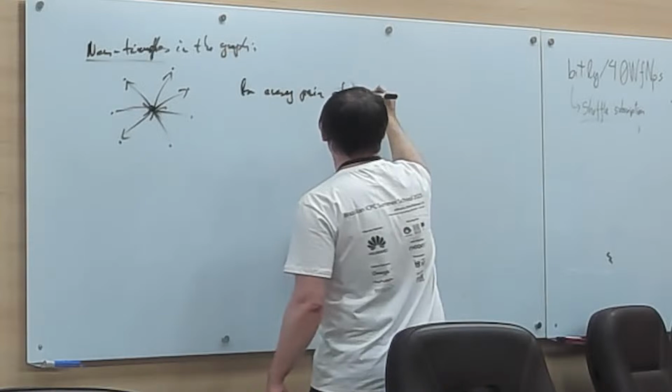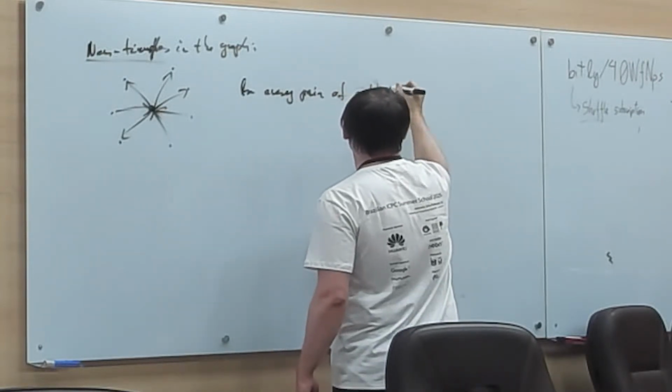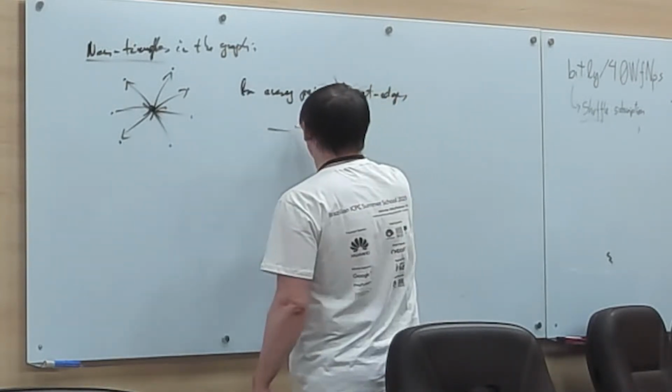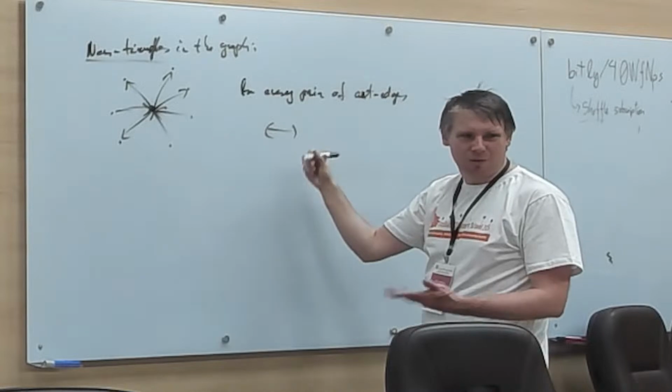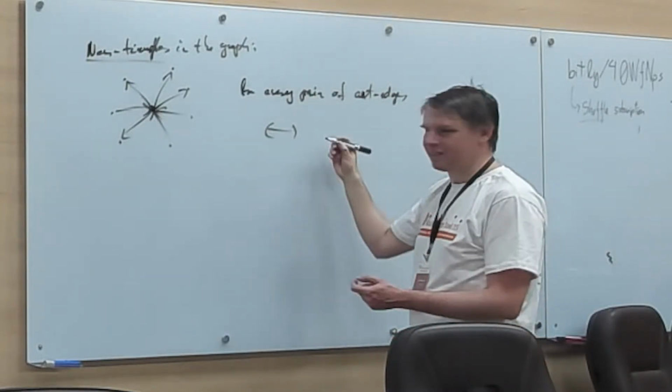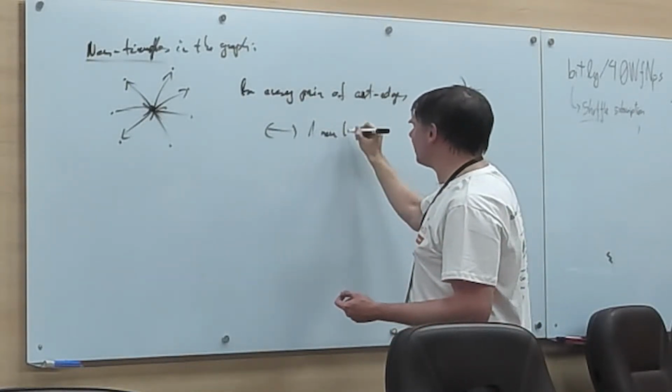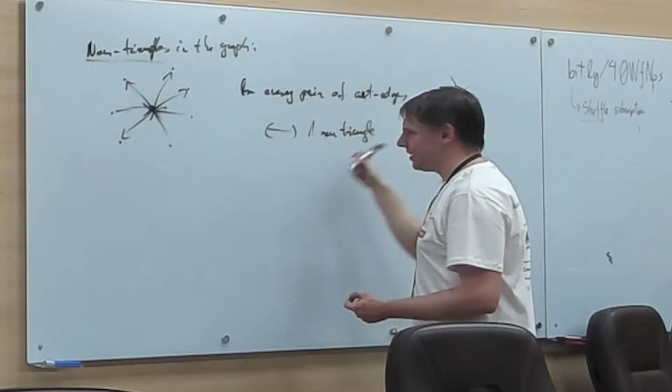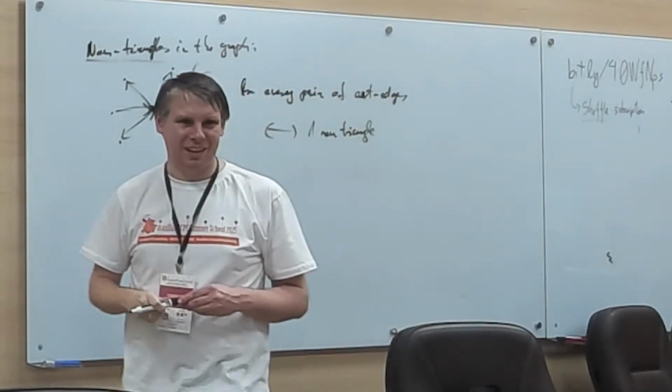So for every pair of out edges, we can biject it to exactly one non-triangle.